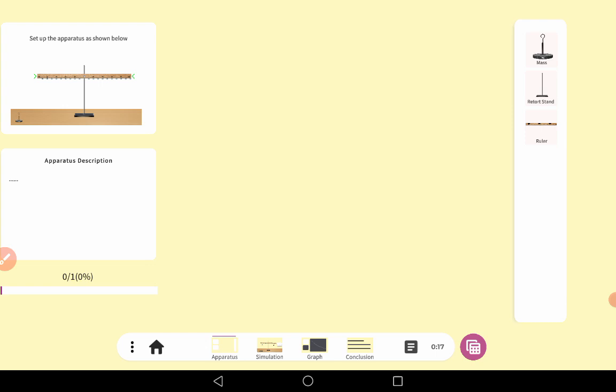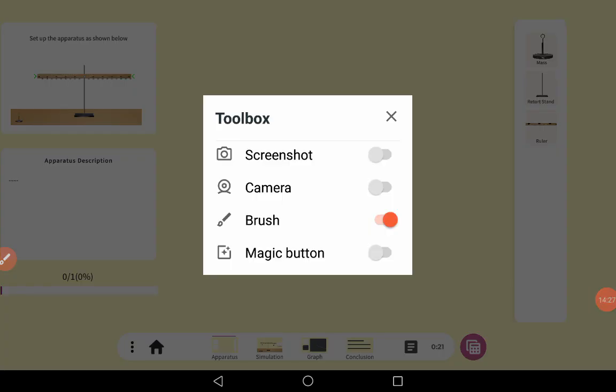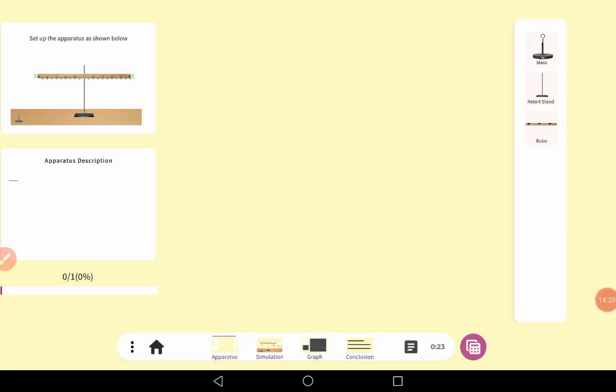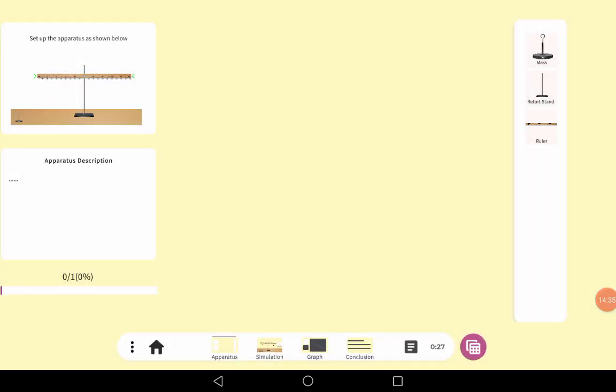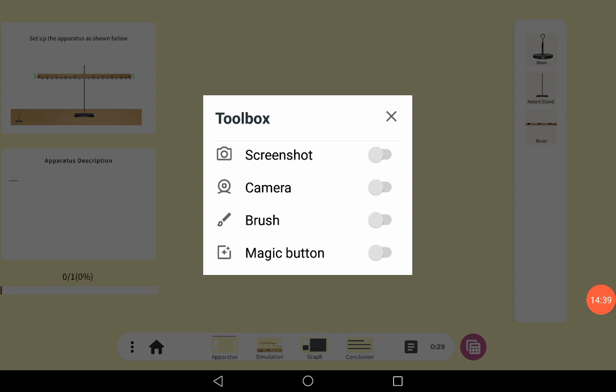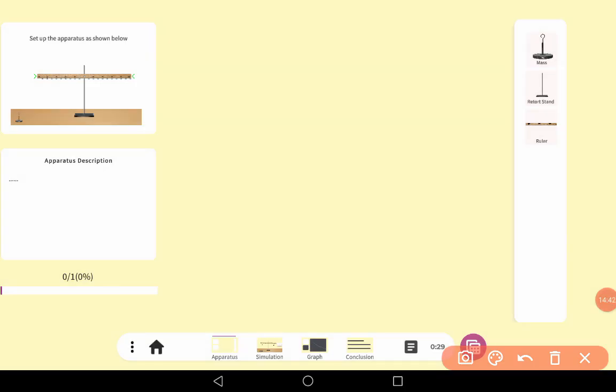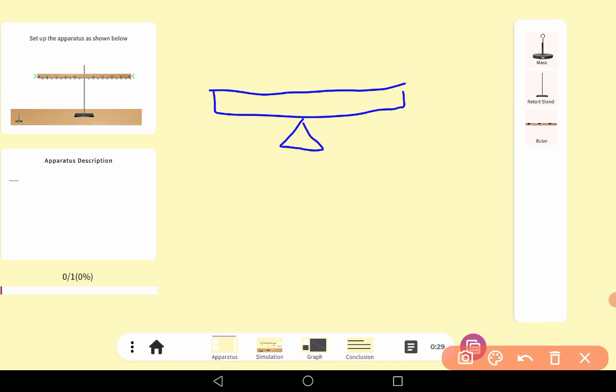The law of moments says, suppose you have a setup like this. You have a ruler, for example, which you have set up like this, and you pivoted it somewhere there.